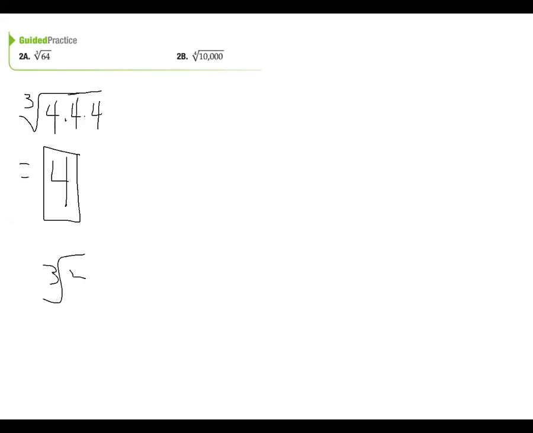All right, we're back. So the cube root of 64 is the cube root of 4 times 4 times 4. And since 4 times 4 times 4 is 64, the answer is just 4. Okay. When you take the cube root, you get rid of the symbol. I wouldn't write the cube root of 4 as my answer, because the cube root of 4 is a whole other problem.